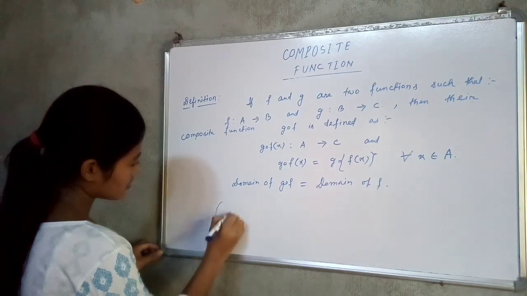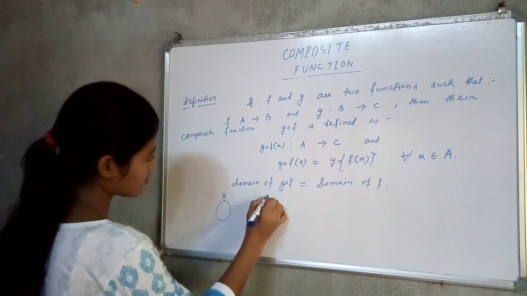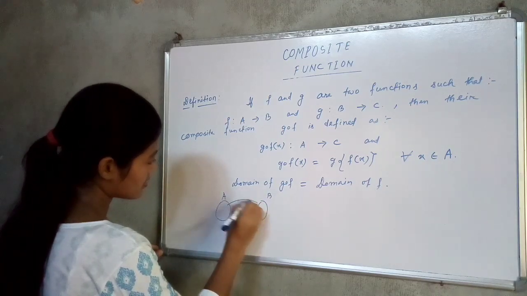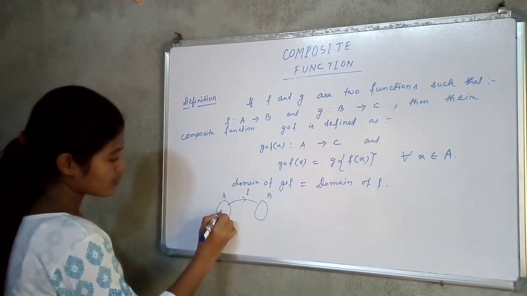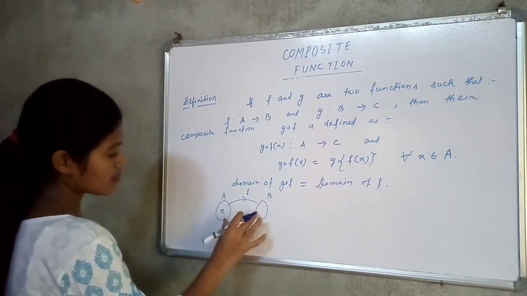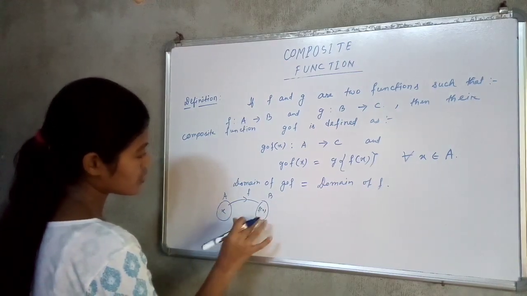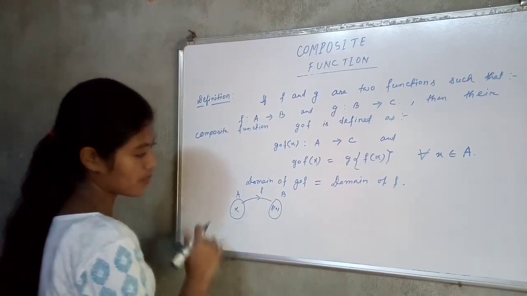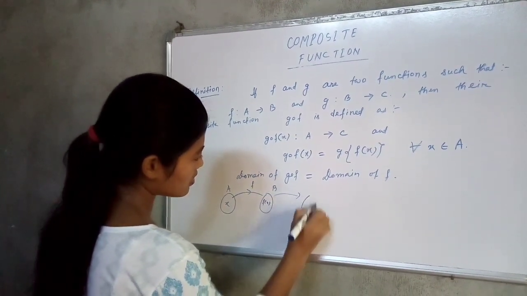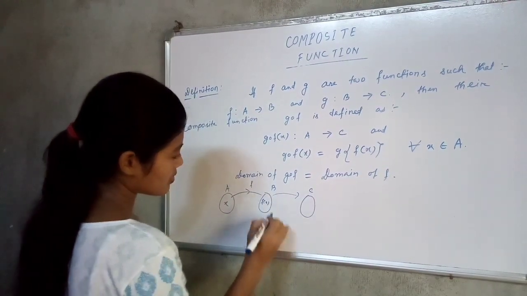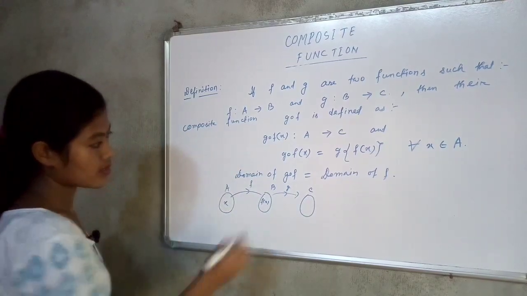If a function goes from A to B, suppose this is the set A and this is B, this is function f. The elements in A are of the form, suppose, x. Then the image of this element will be f(x), which belongs to the set B. Now another function goes from B to C. Suppose there is another set C, and the function from B to C is g.